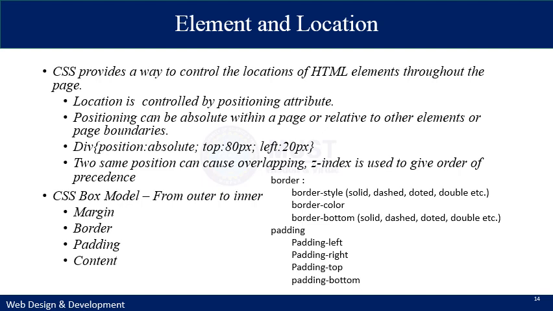If you use relative positioning, your element will be placed relative to other elements. For example, in this slide you use a div with the position of absolute location, and you specify that your div should be 80 pixels down from the top and 20 pixels right from the left.